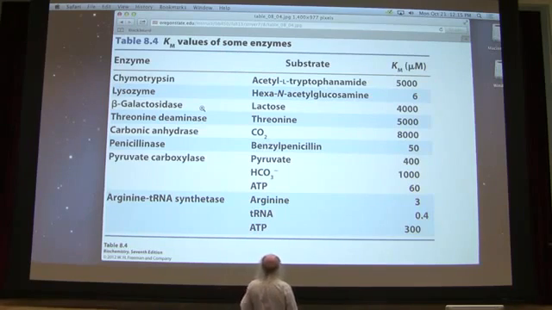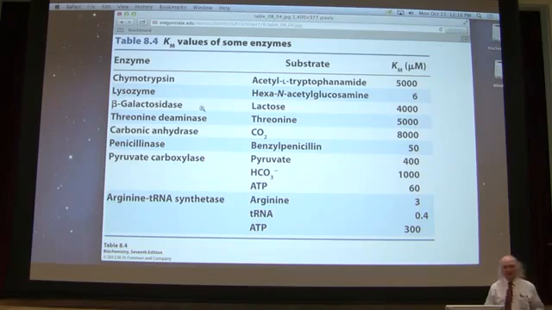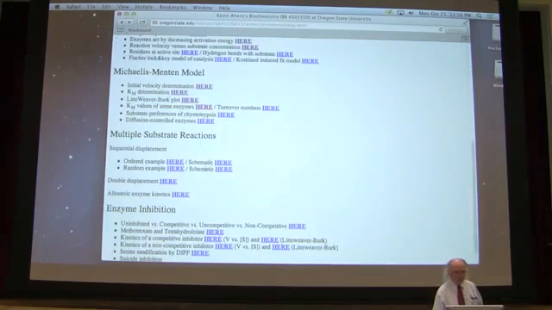And that tells us that this enzyme has a relatively low affinity for its substrate. This guy down here, arginine tRNA synthetase, has a relatively high affinity for its substrate, 0.4 micromolar. So that range that we see there tells us that these enzymes have quite varying affinities for their substrates.